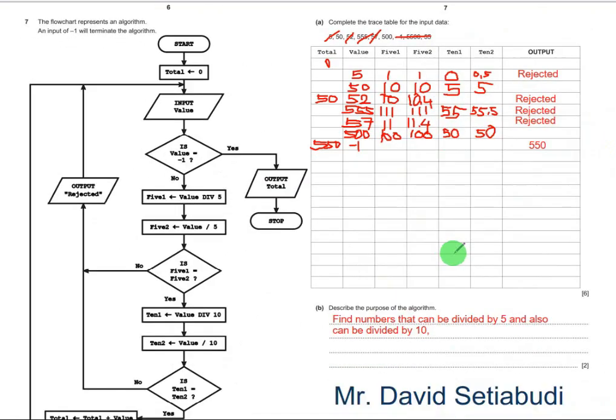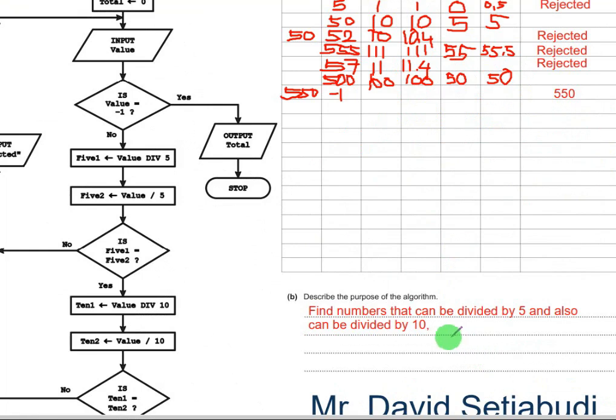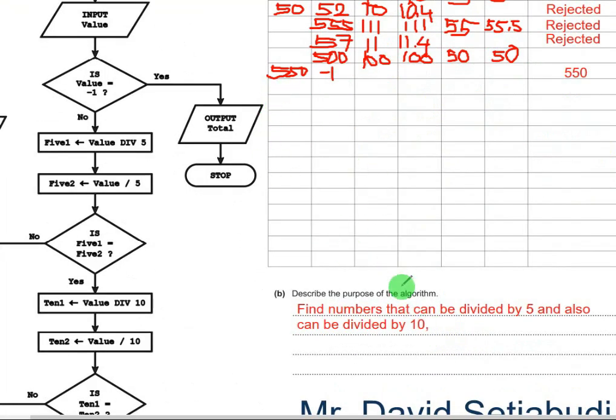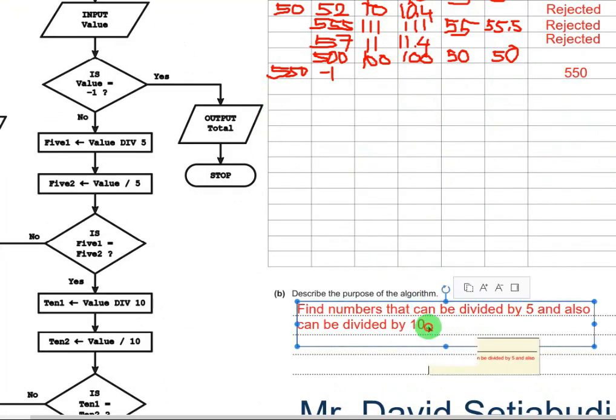So from here, find the numbers that can be divided by 5 and also can be divided by 10.